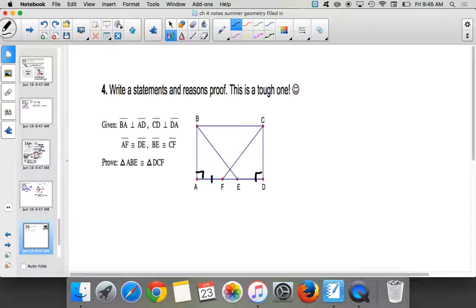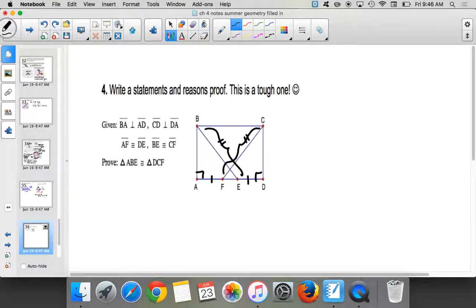We have AF is congruent to DE. We have BE is congruent to CF. It's always hard to do ones where they go across different lines. We want to prove that ABE is congruent to DCF.